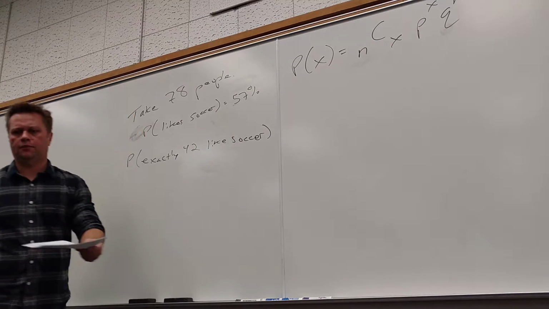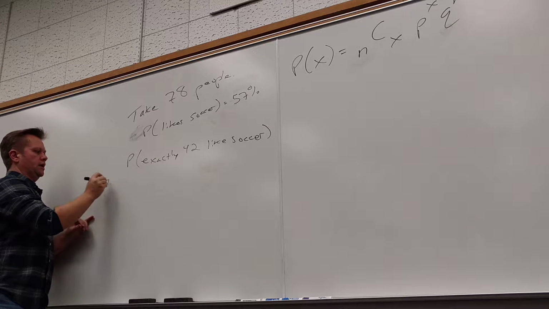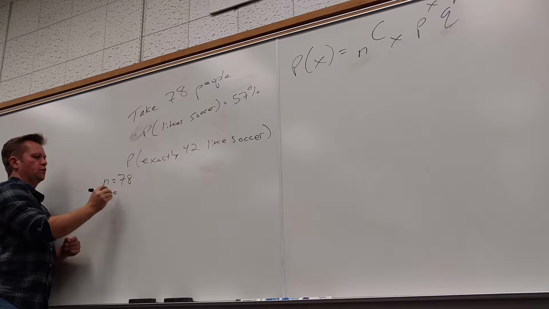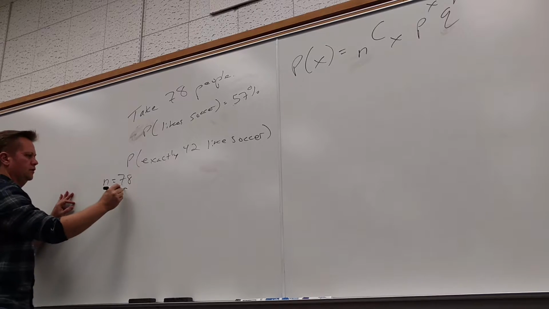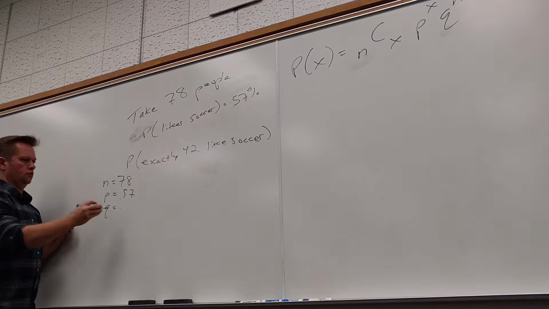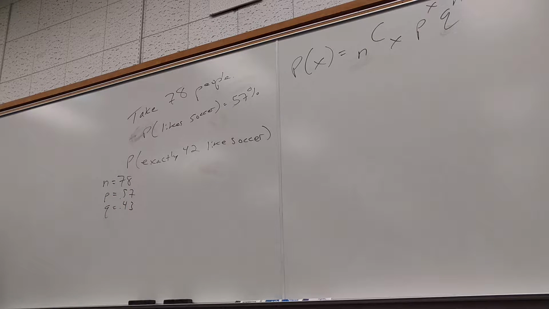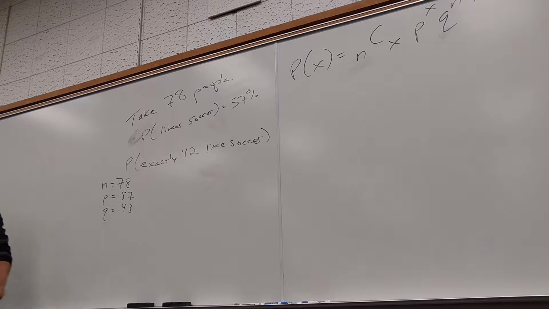How would I set up? Well, first off, can you identify the important parts? What's N? 78. What's little p going to be? 0.57. So what's Q? 0.43. I like it. And this formula, it looks worse when you have to write it down in general. It's a lot better when you just deal with an individual problem.